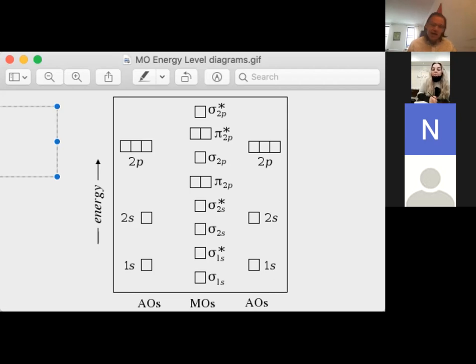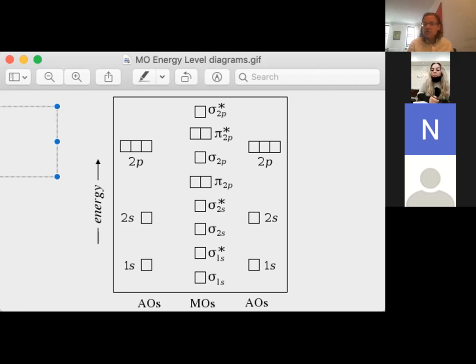Now, this diagram is only good for lithium, beryllium, boron, carbon, those first four elements of the second row. And nitrogen.